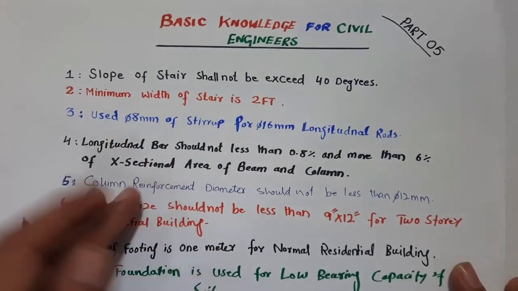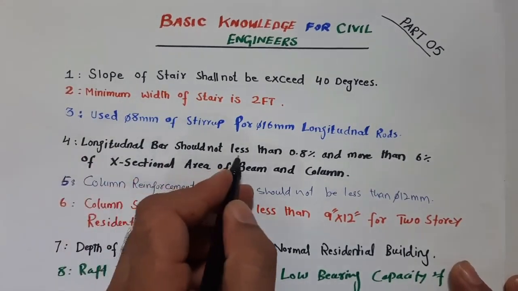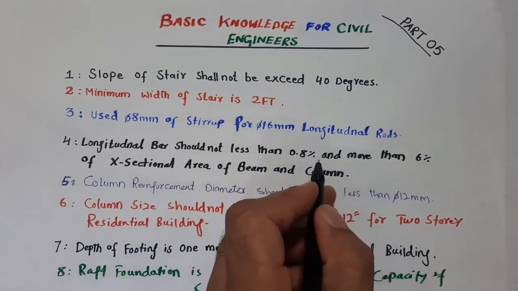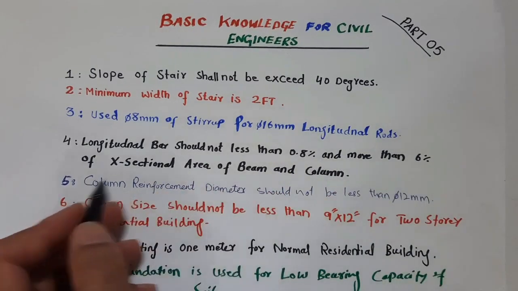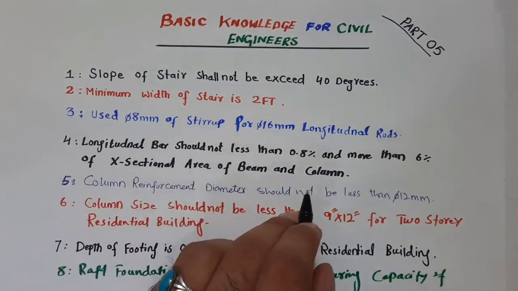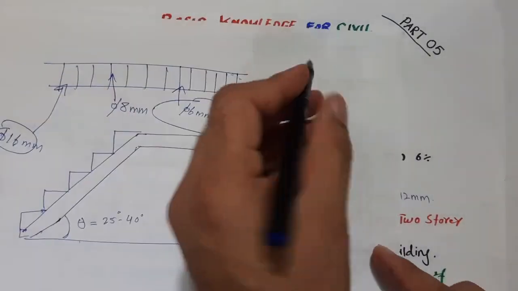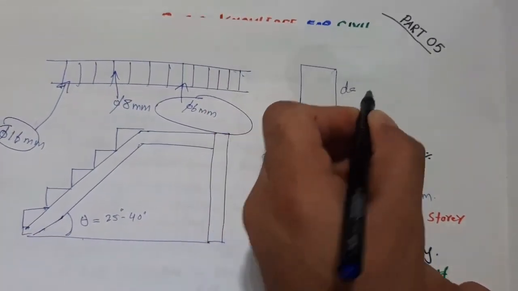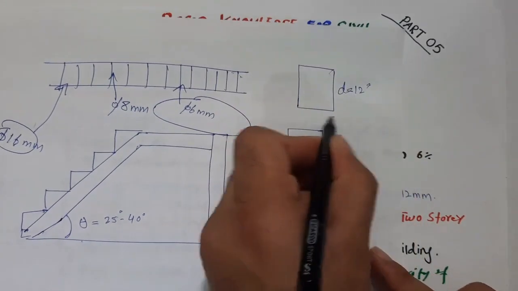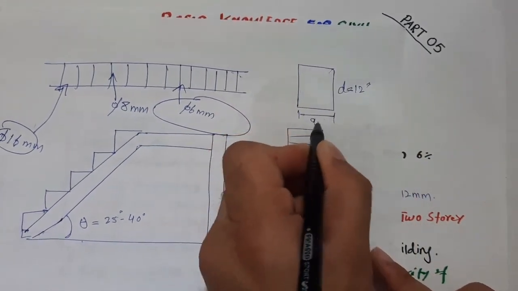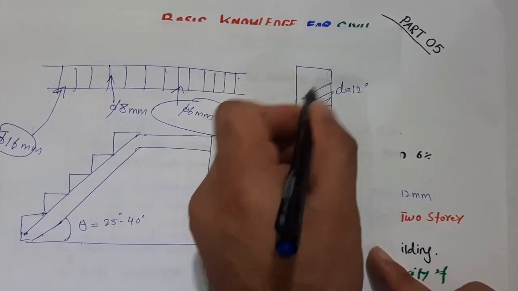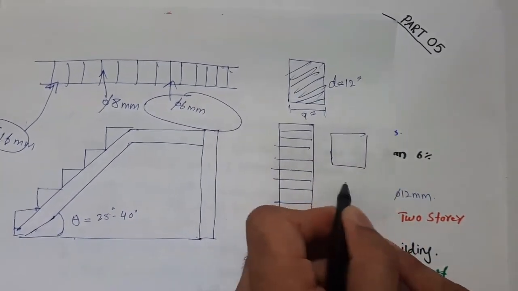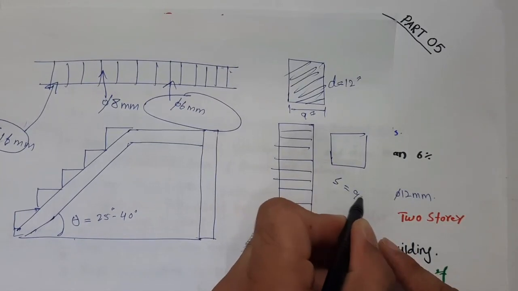The next one is, guys, longitudinal bars should not be less than 0.8% and more than 6% of the cross-sectional area of beam and column. You can see this is the cross-sectional area of a beam. Suppose the depth is 12 inches and the width is 9 inches. So this is the cross-sectional area of the beam. If this is a column, suppose this side is 9 inches.